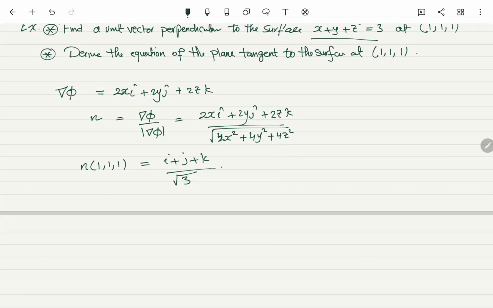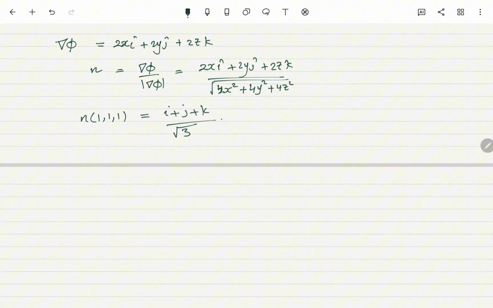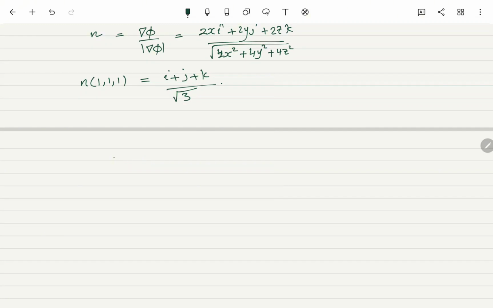To derive the equation of the plane tangent to the surface at the point (1, 1, 1), let's define r minus r prime, where r is the position vector: (x minus 1) i plus (y minus 1) j plus (z minus 1) k.